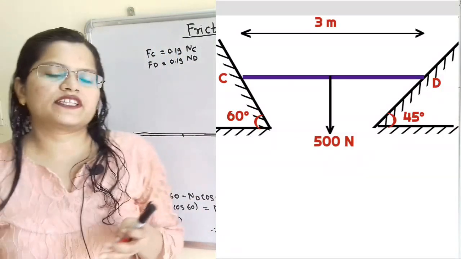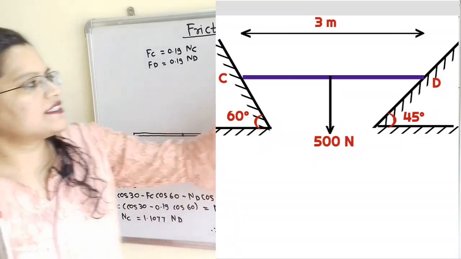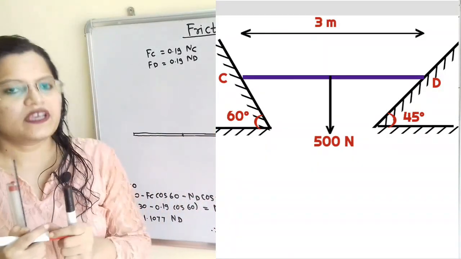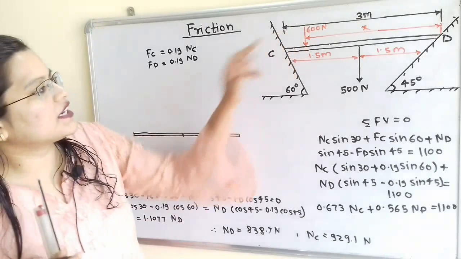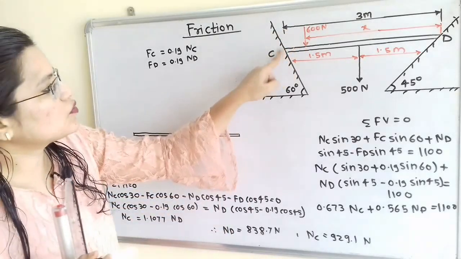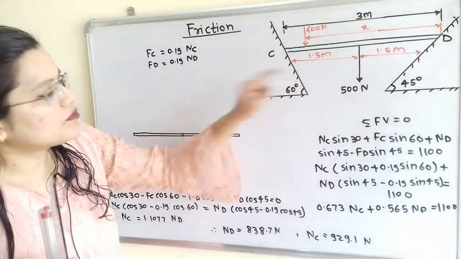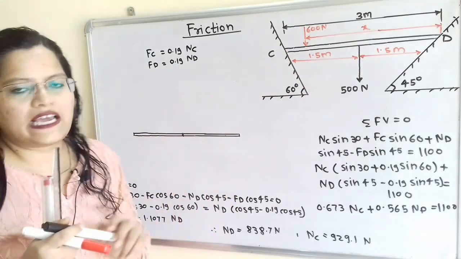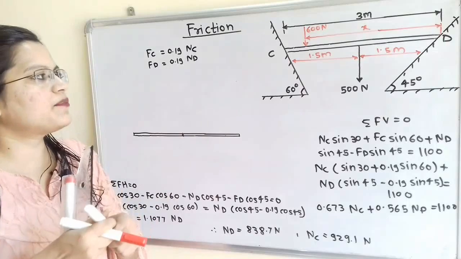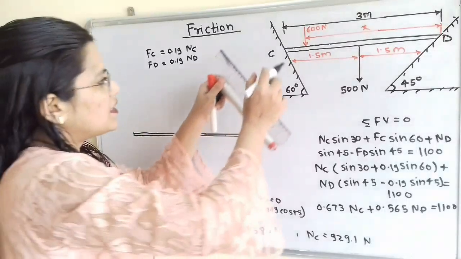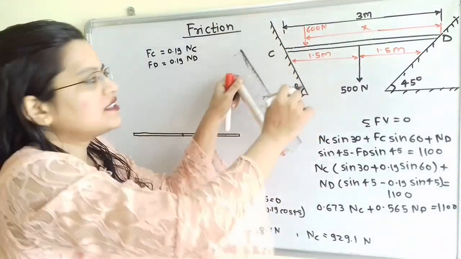Now we will decide the motion of point C as well as point D. When we place the 600 Newton load nearer to point C, this end will try to move in the downward direction. So motion at point C we will show in the downward direction along this inclined line.